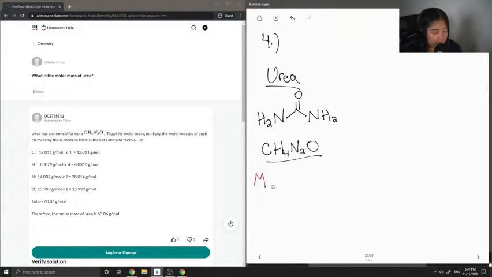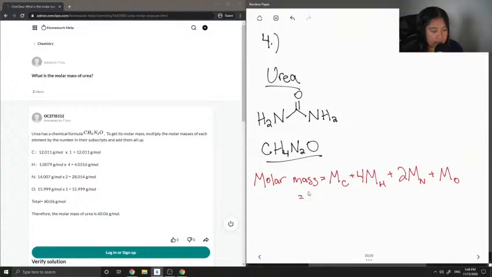So molar mass is equal to the molar mass of carbon plus 4 times the molar mass of hydrogen plus 2 times the molar mass of nitrogen plus the molar mass of oxygen.